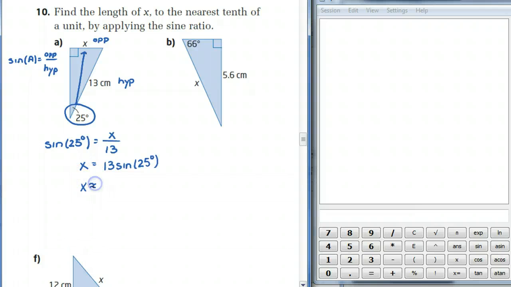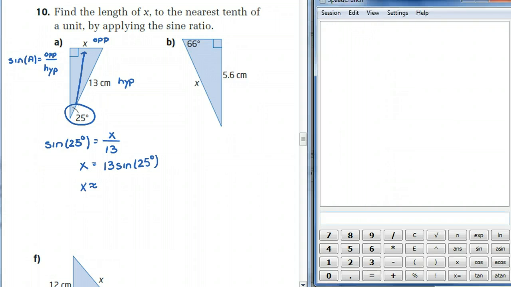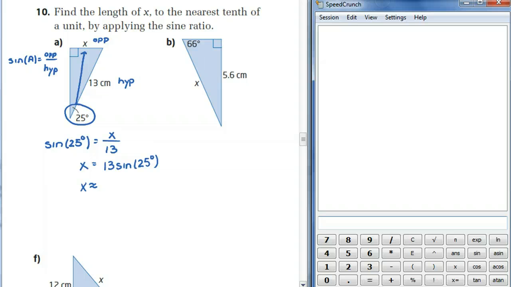So x is approximately equal to, and now I'm going to come over to my calculator. I'm sure those of you that watched a couple of my videos, I sound like a broken record now, but it's important. Make sure your calculator's in degrees mode. You can measure an angle using degrees or radians. You very well might not have studied radians yet, but your calculator could be in radian mode, meaning that you can get the wrong answer.